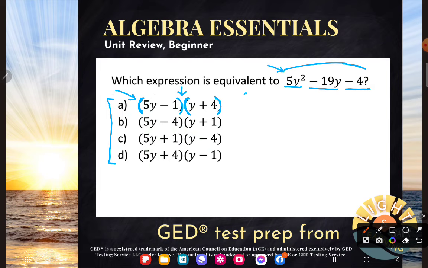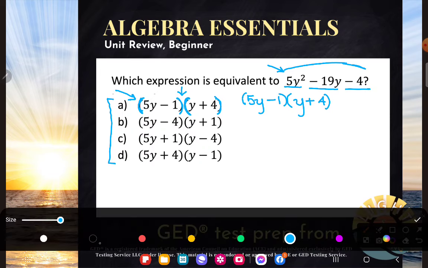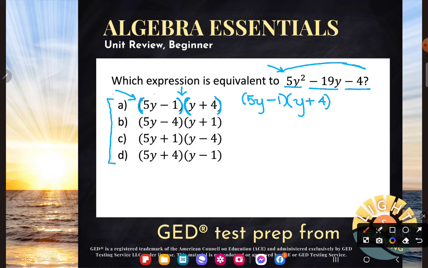So we'll start with the first example: the quantity of 5y minus 1 times the quantity of y plus 4. I'm just saying the quantity because it's a whole group times a whole group. Remember, when multiplying groupings, you have to take every term in the first grouping and multiply it out to every term in the second grouping.